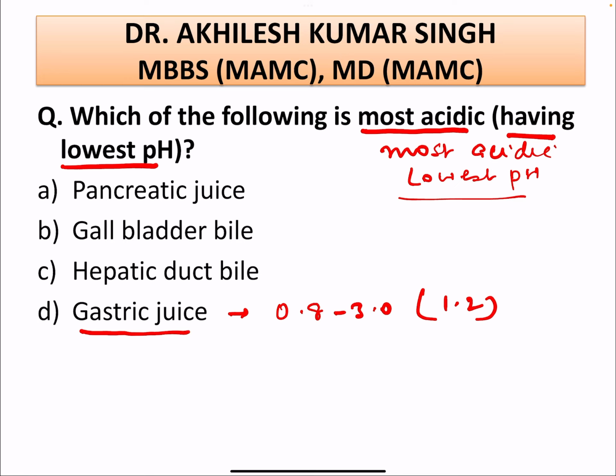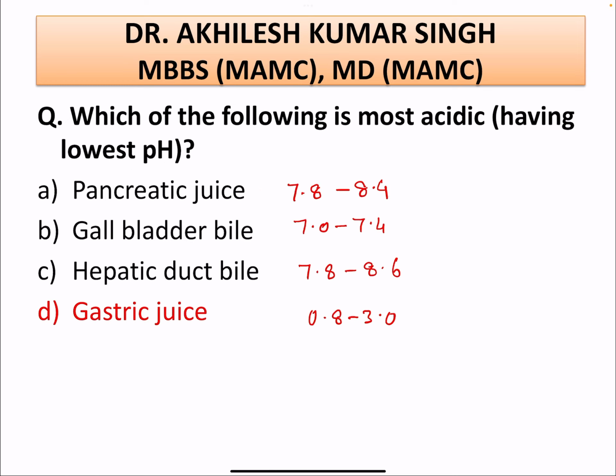The pancreatic juice pH is 7.8 to 8.4. The gallbladder bile is 7.0 to 7.4, hepatic duct bile 7.8 to 8.6, and the gastric juice is 0.8 to 3.0. So for most acidic, or lowest pH, our answer will be the gastric juice.